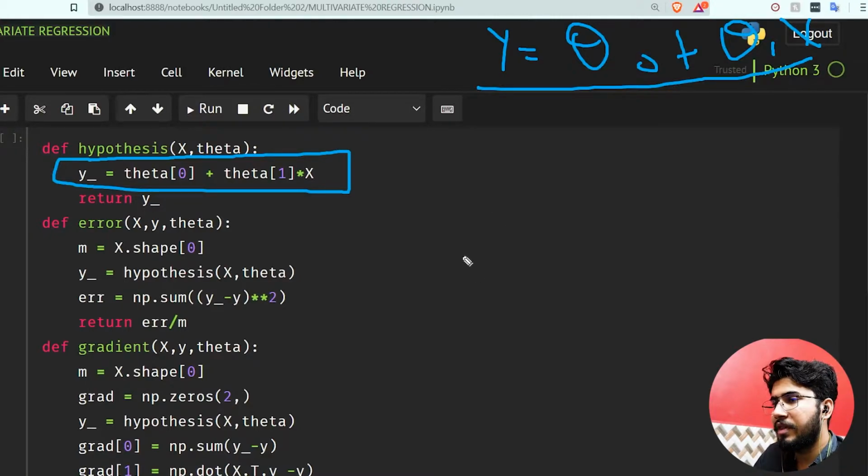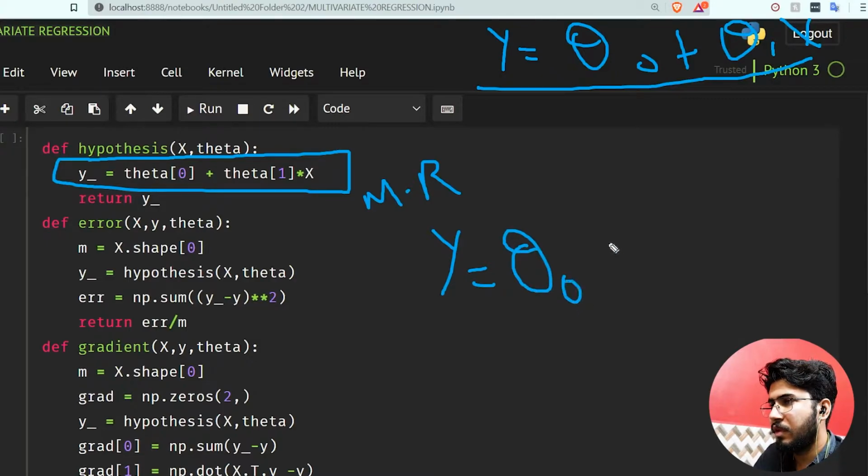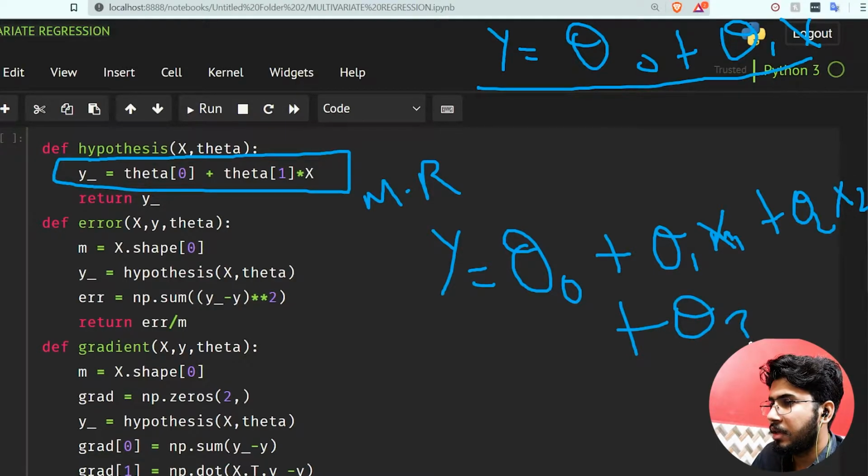But in the last video we saw that for multivariate regression, our hypothesis is going to be something like this: theta 0 plus theta 1 x1 plus theta 2 x2 plus theta 3 x3, and so on.